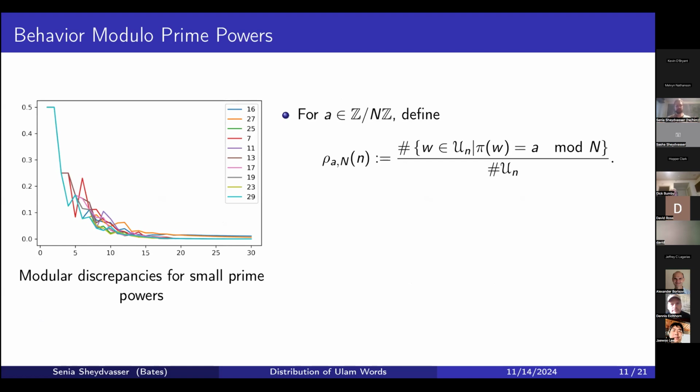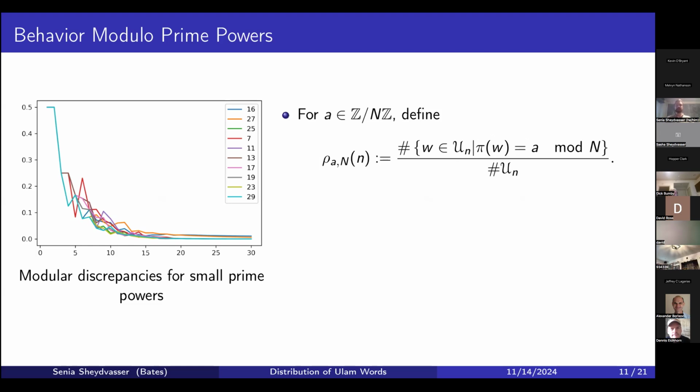Let's fix some modulus n and choose some congruence class modulo n, call it A. Then we can define the relative density of Ulam words, where instead of counting all words of length n, we consider all words such that their image is A mod n, and we look at the proportion of those inside the set of words of length n.